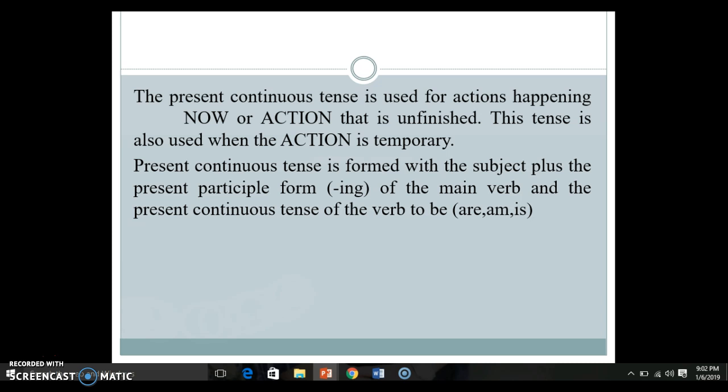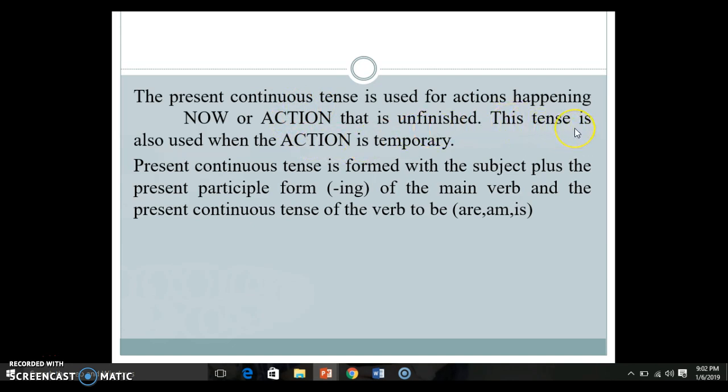What is the present continuous tense? The present continuous tense is used for action happening now or action that is unfinished.